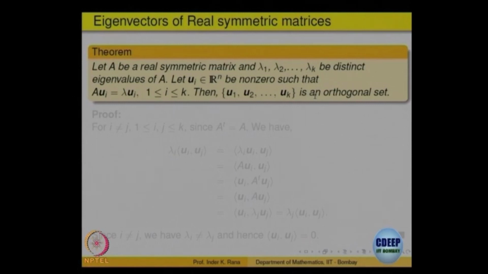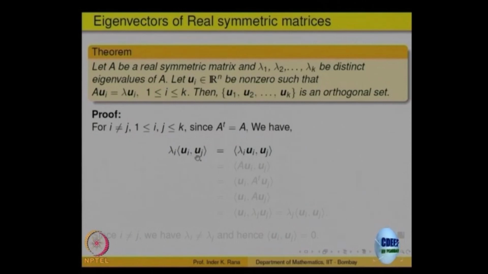So distinct eigenvalues give you eigenvectors which are linearly independent for any matrix, but if the matrix is real symmetric, then the eigenvectors are actually perpendicular to each other.